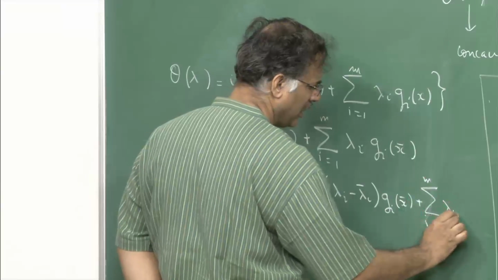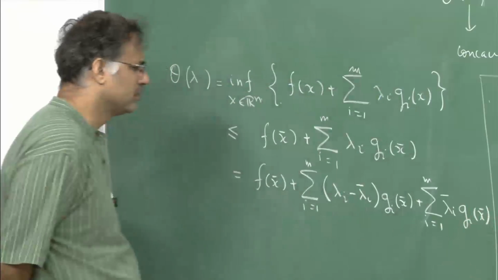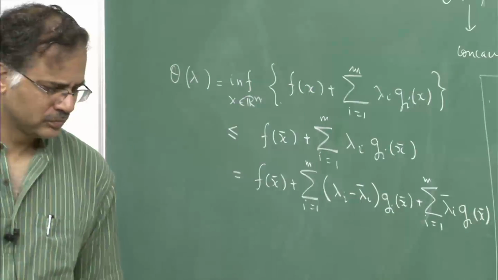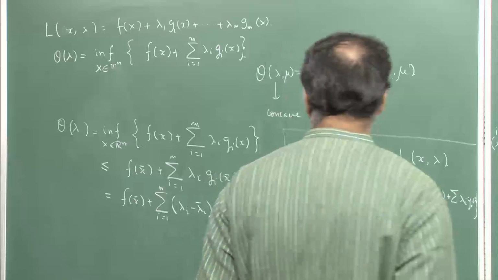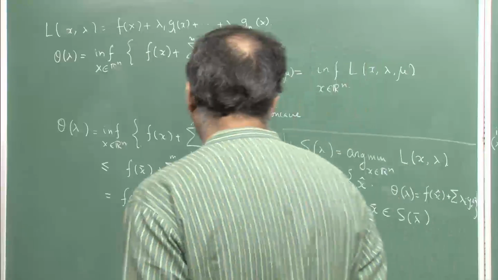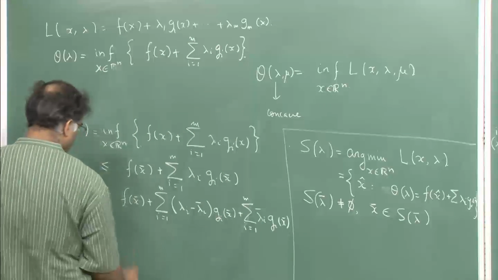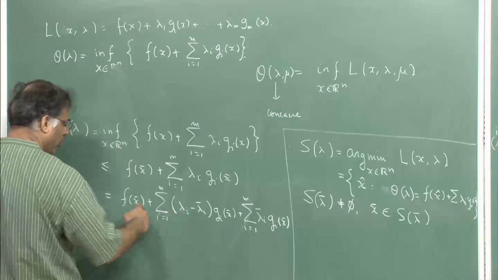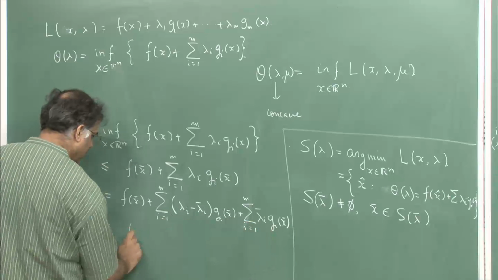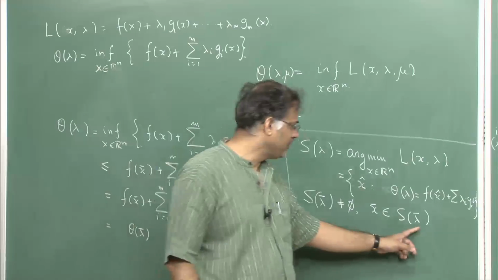This is simple algebraic manipulation, and it will immediately show you what you actually want. I can combine this to write theta lambda bar, because x bar is an element of S lambda bar.